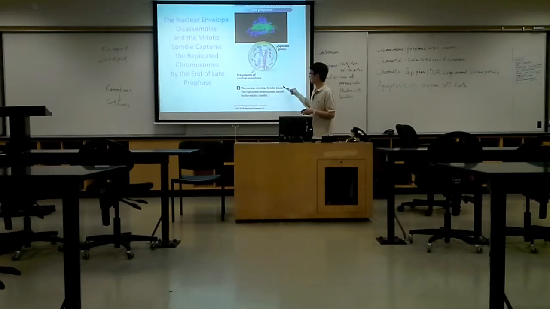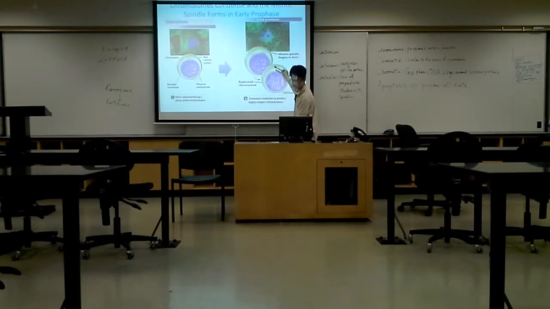And not only does the nuclear envelope break down, but there is also the mitotic spindle. Let's see in the previous slides. Now we talk about the spindle. We see this structure, the two little so-called rectangles. These we call centrioles.